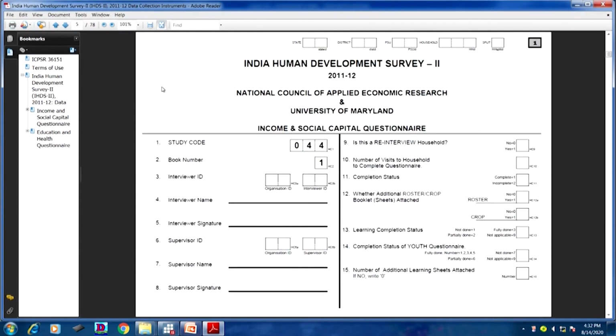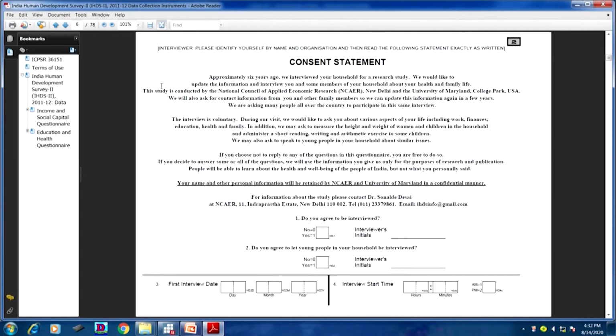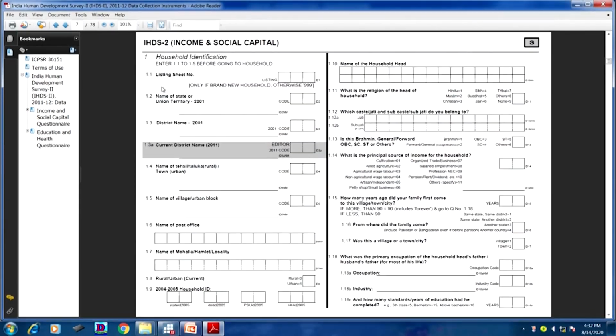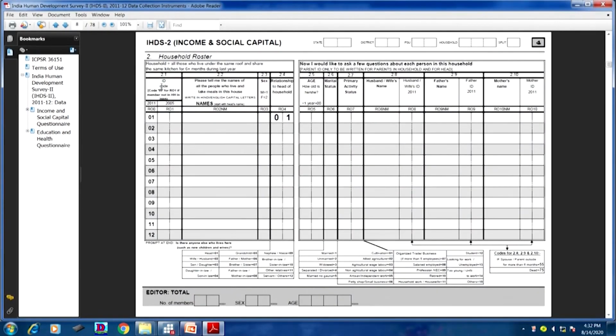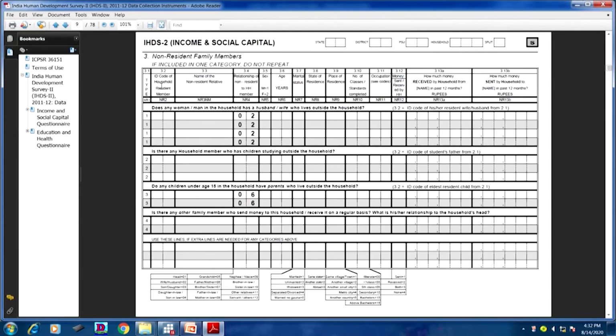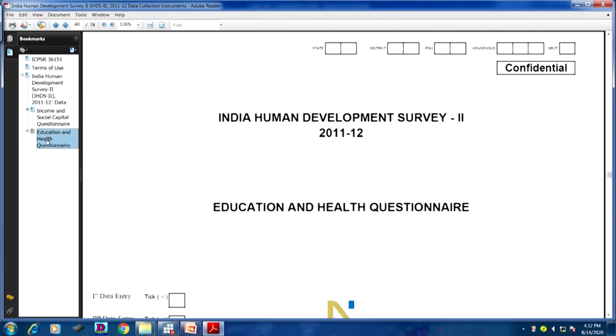This is the first page. Like I told you, warming up of questions, questionnaire ID, some consent statement, then they come to the identification, then some important rosters regarding demographic features, then they attach questions. Another important part of the questionnaire is education and health as well.